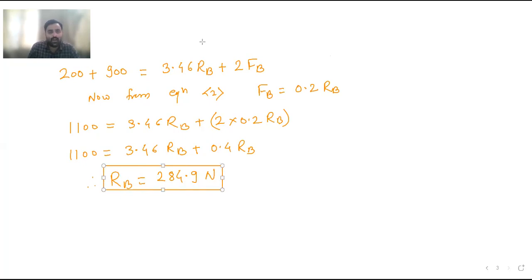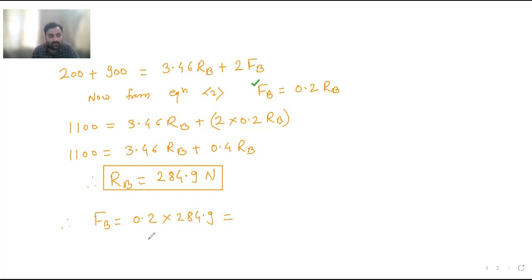So once we know the RB, here we can find out FB from this relation. Here you can already see this relation is with us. So we can find out FB. So put the value of RB here and calculate the value of FB. So therefore FB is equal to 0.2 into 284.9.